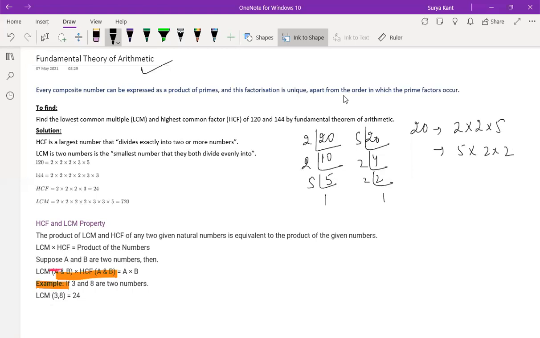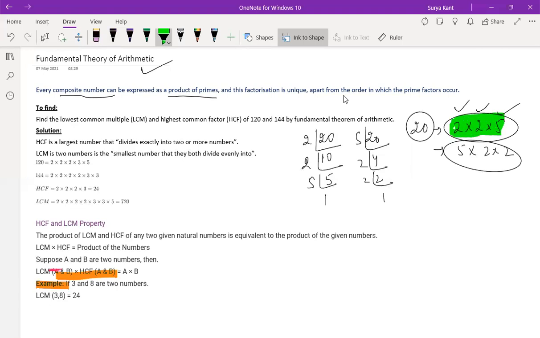So what is given is that every composite number can be expressed as the product of primes. This we are just representing as the product of primes. And this factorization is unique. So are both factorizations unique? Is this first part and second part unique or different?